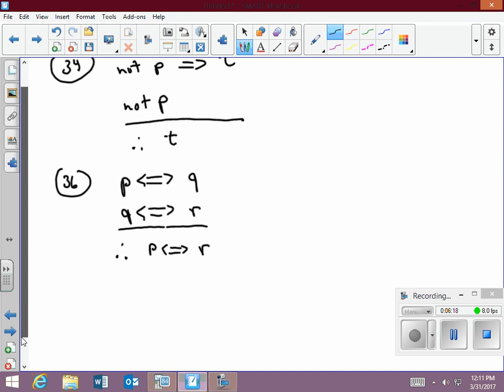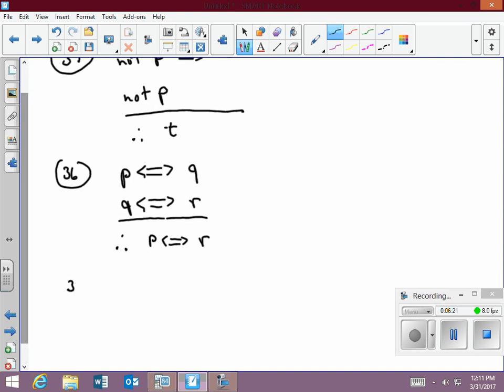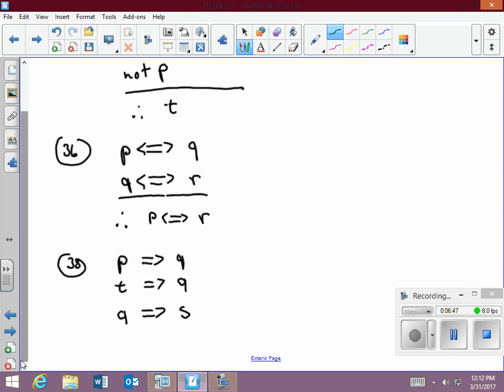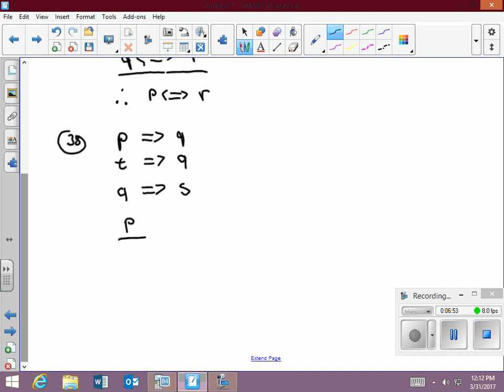And then the last one, 38, says P implies Q, T implies Q, Q implies S, P, therefore what?